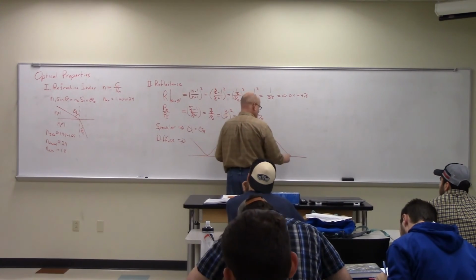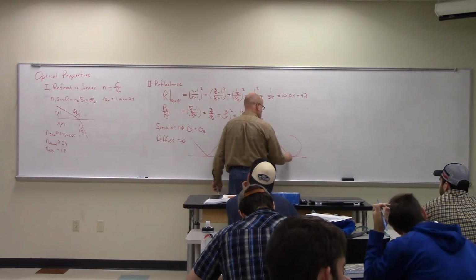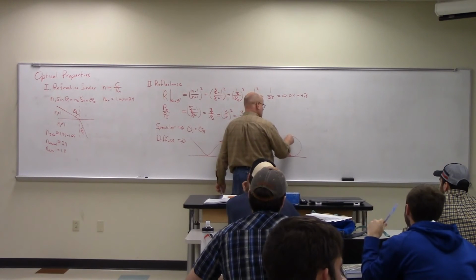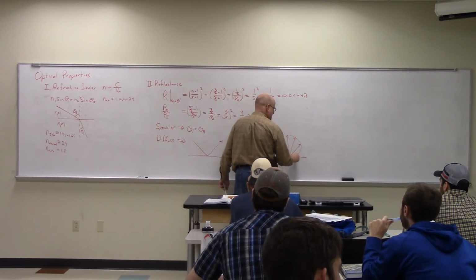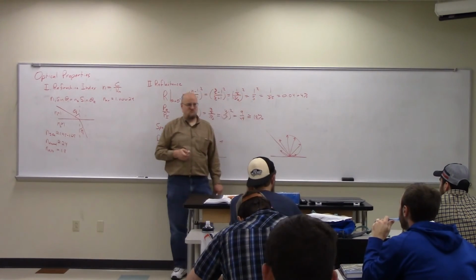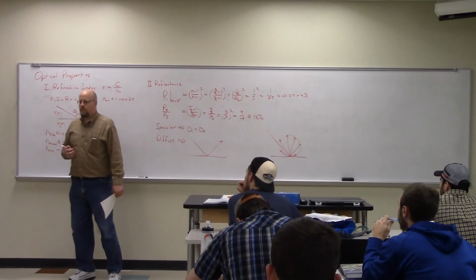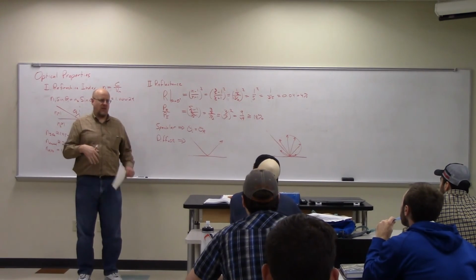The light comes in like that, and then is scattered, where the length of each of these vectors corresponds to the relative intensity. Like that. That's diffuse, scattered in all directions.